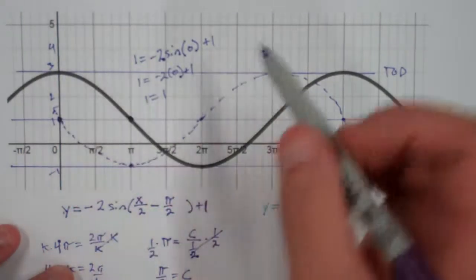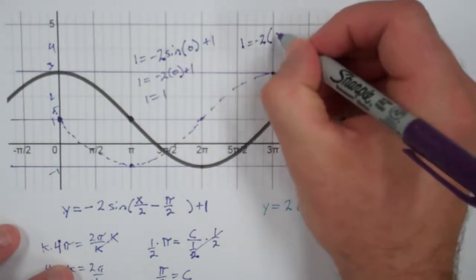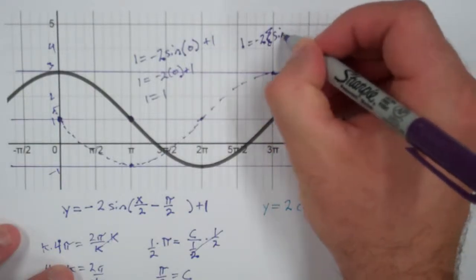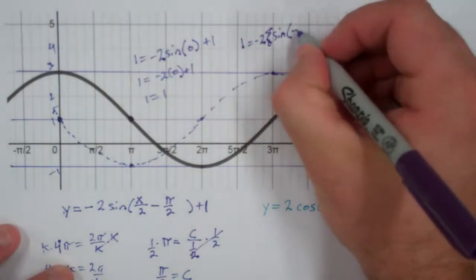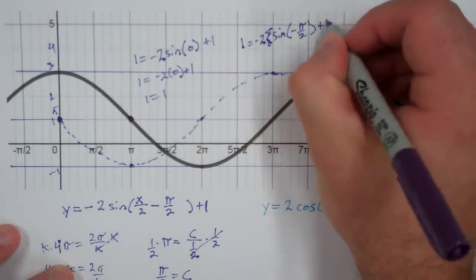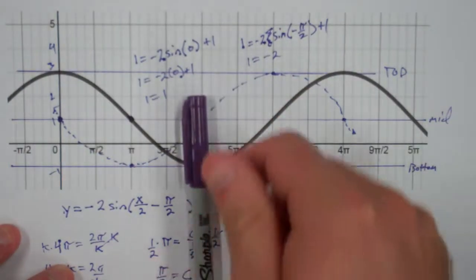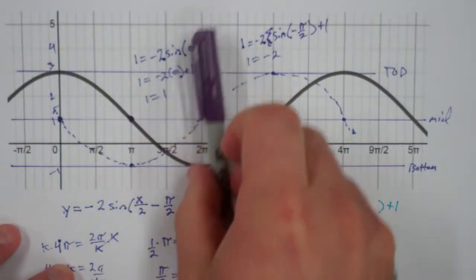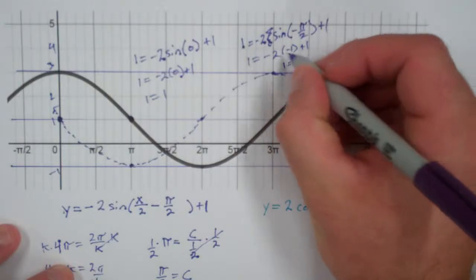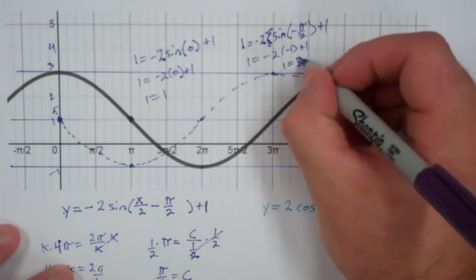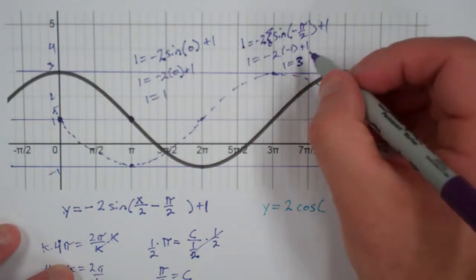So if we substitute 0 in, we've got 1 is equal to negative 2 times the sine, oops, don't need that one there, need this one here, sine of 0 over 2, which is 0, and then we've got negative pi over 2 plus 1. Remember that the sine of negative pi over 2, which is straight down on the unit circle, that's negative 1. And then we need to add 1, so we've got 1 is equal to 3, oops, excuse me, yep, 3, that's right, negative 2 times negative 1 is 2 plus 1 is 3, I got it.